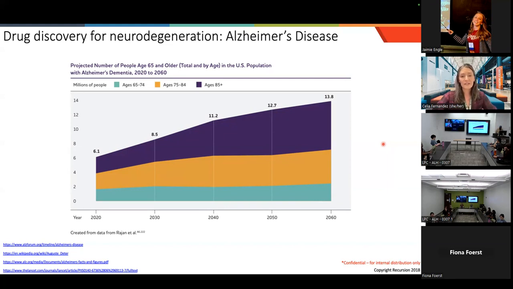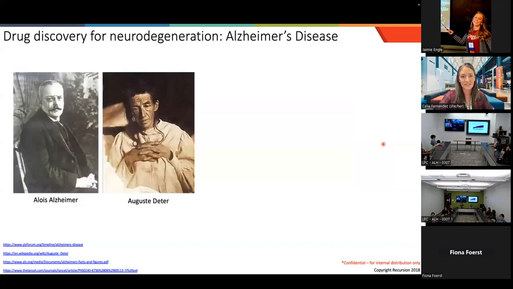As the population over the age of 65 increases, so will the incidence of neurodegenerative diseases. But until quite recently, there hadn't been any disease-modifying drugs out there. And actually, some might argue there still aren't. It's a little controversial.